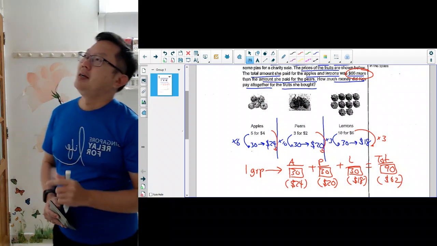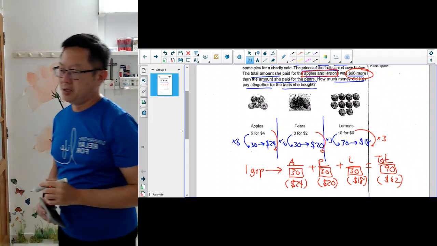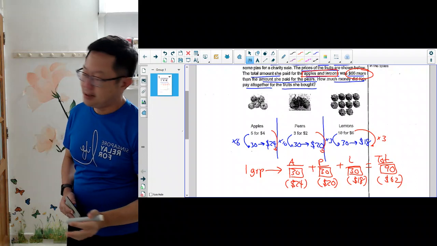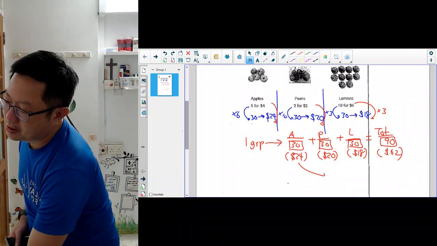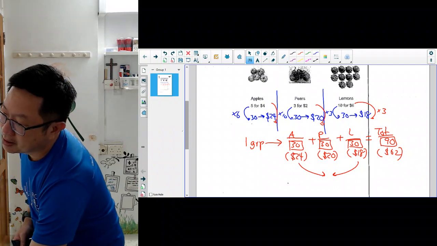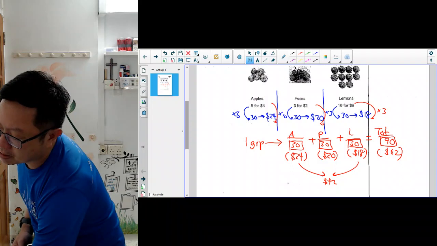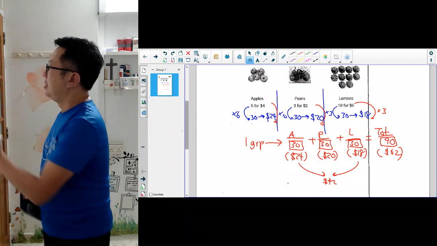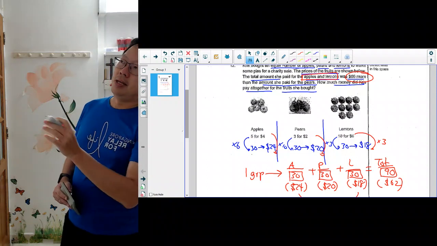Go back to one group and look for the total money for the apples and lemons, which is 24 plus 18, which is $42. This total money was how much more than the pears?